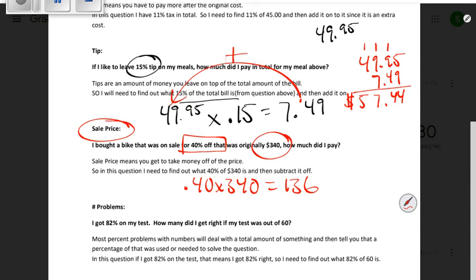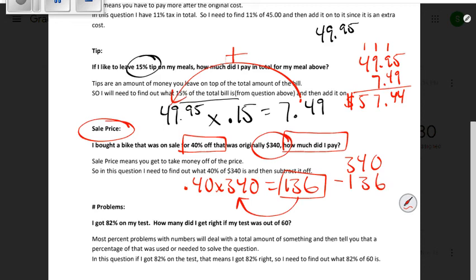How much did I pay? If it asks how much did I get off, well, that's how much I got off. But how much did I pay? I have to take that off. So 340 minus 136 is 204. So I paid $204. Okay?